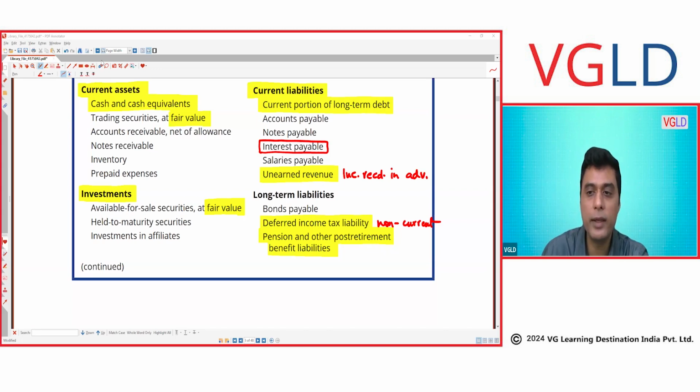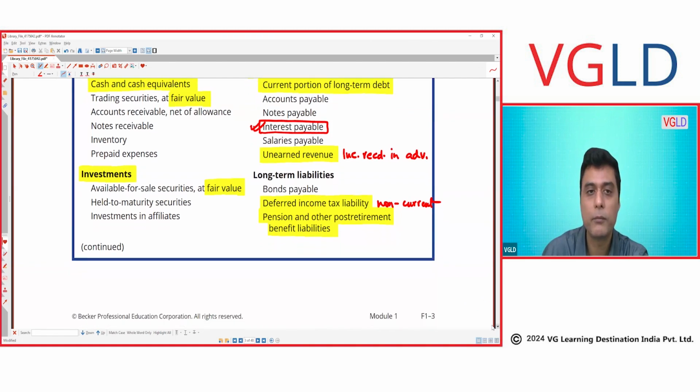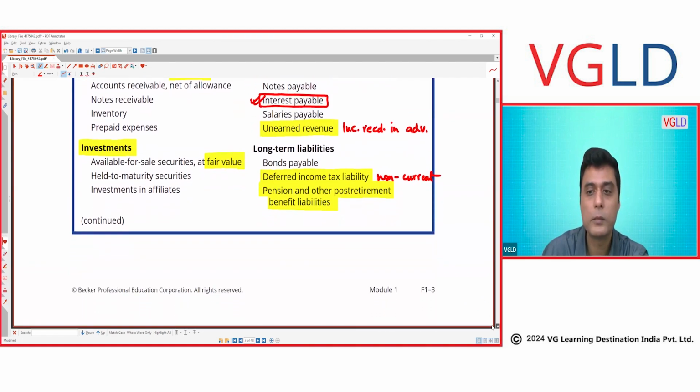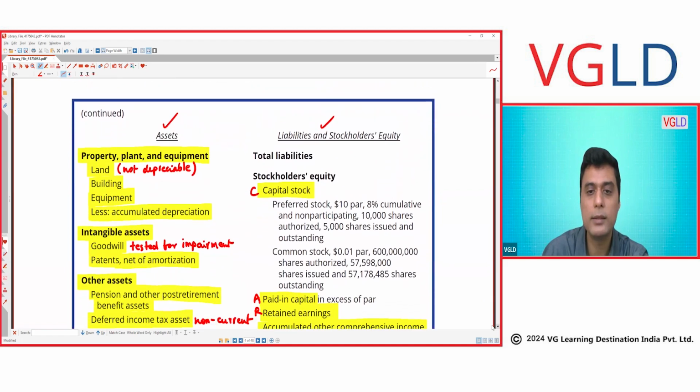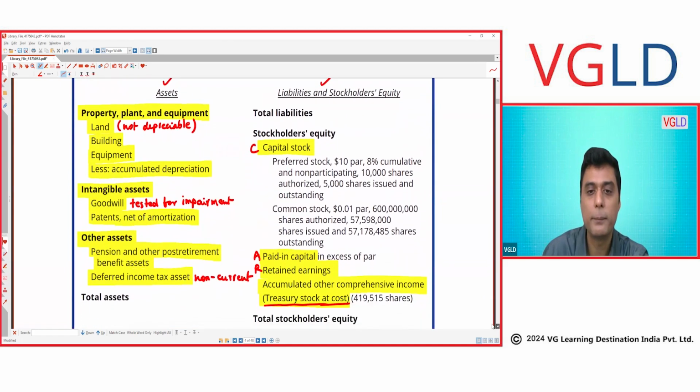Otherwise it will become very vague. So please tell me which question, which page, which para you're referring to. Interest payable is right here. What else are you referring to here from the balance sheet?